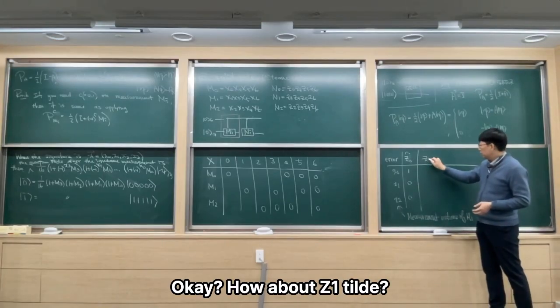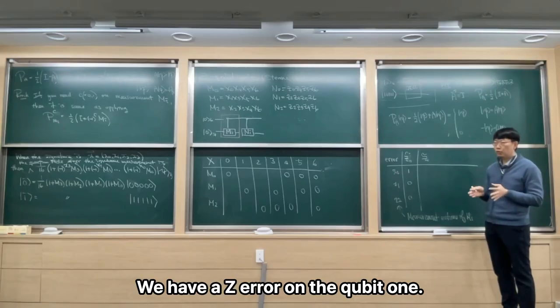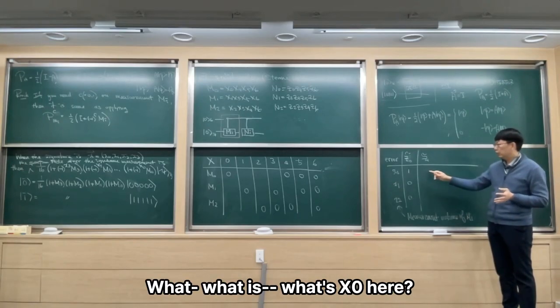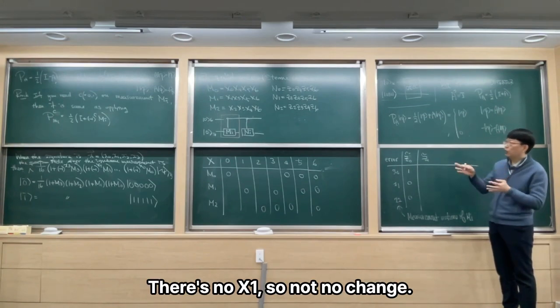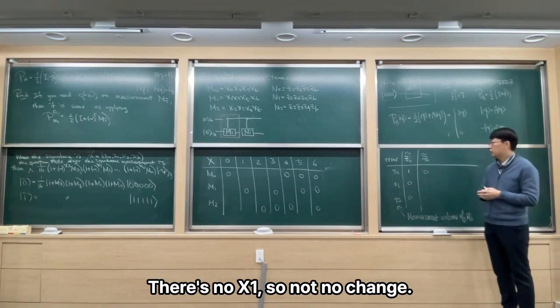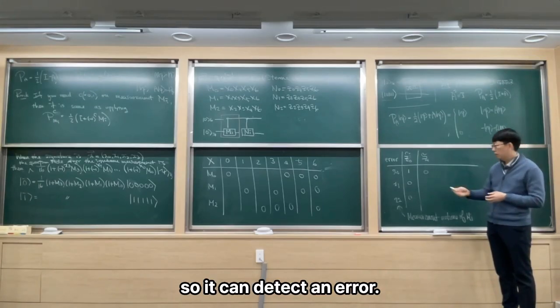How about Z1 tilde? We have a Z error on qubit 1. What about M0? What's X0 here? It's going to be 0, right? There's no X1, so no change. And how about M1? There's X1 measurement, so it can detect an error.